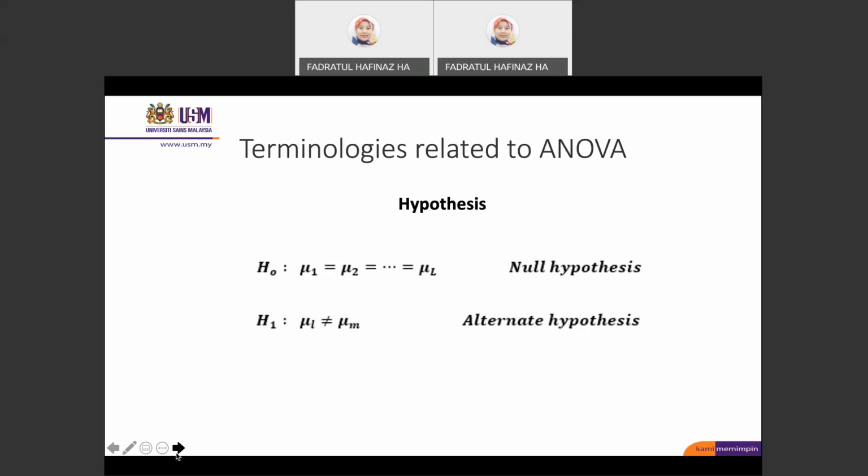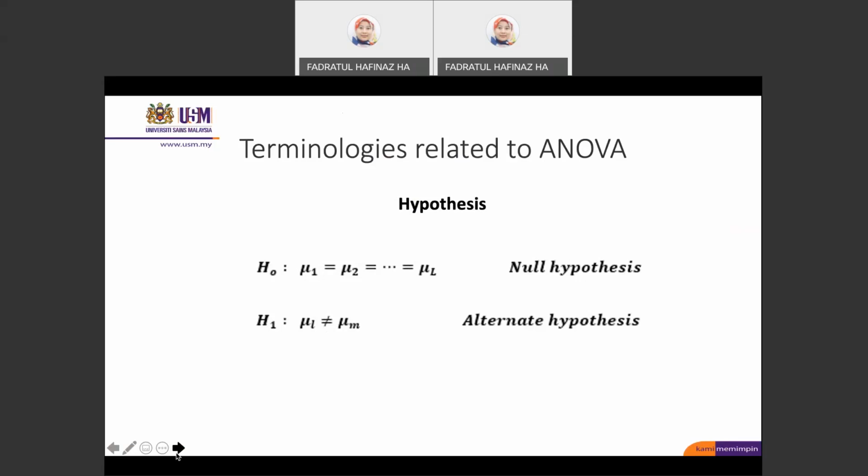A hypothesis is an educated guess about something in the world around us. It should be testable either by experiment or observation. Just like any kind of hypothesis that you might have studied in statistics, ANOVA also uses a null hypothesis and an alternate hypothesis.